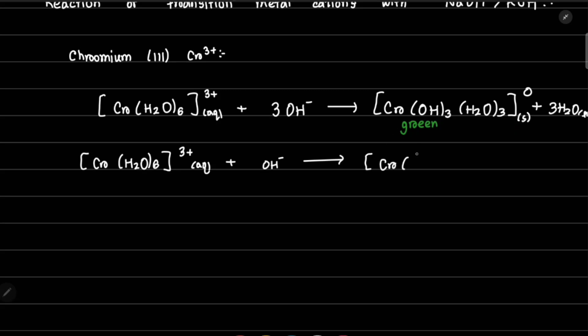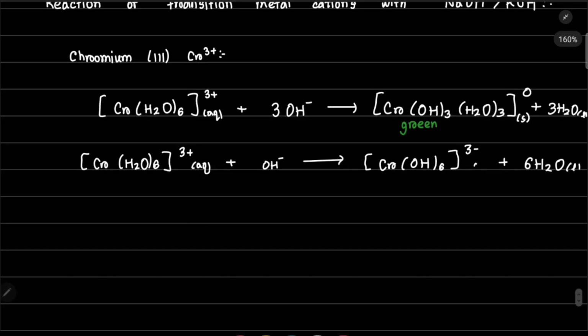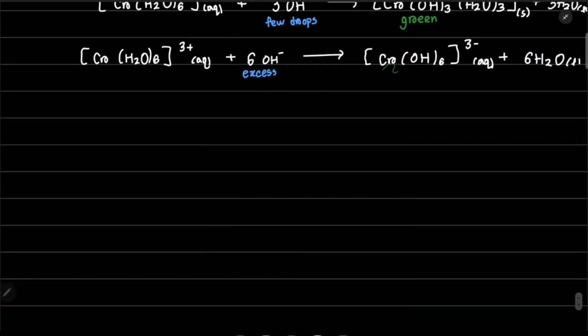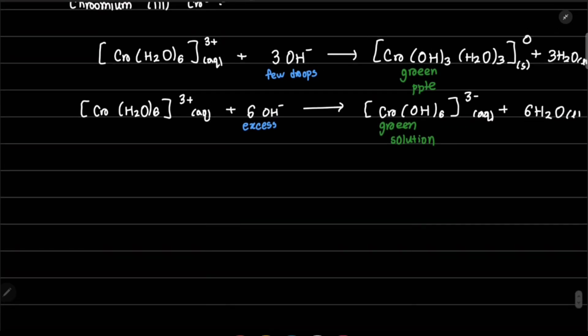We'll be left with Cr(OH)6, the charge here will be 3 minus, and we'll have 6 water. This is aqueous. For this we'll need 6 OH minus. So this is when we have a few drops of OH minus, and this is in excess. And the color of the solution is also green. This is a green solution. The one on top is a green precipitate.